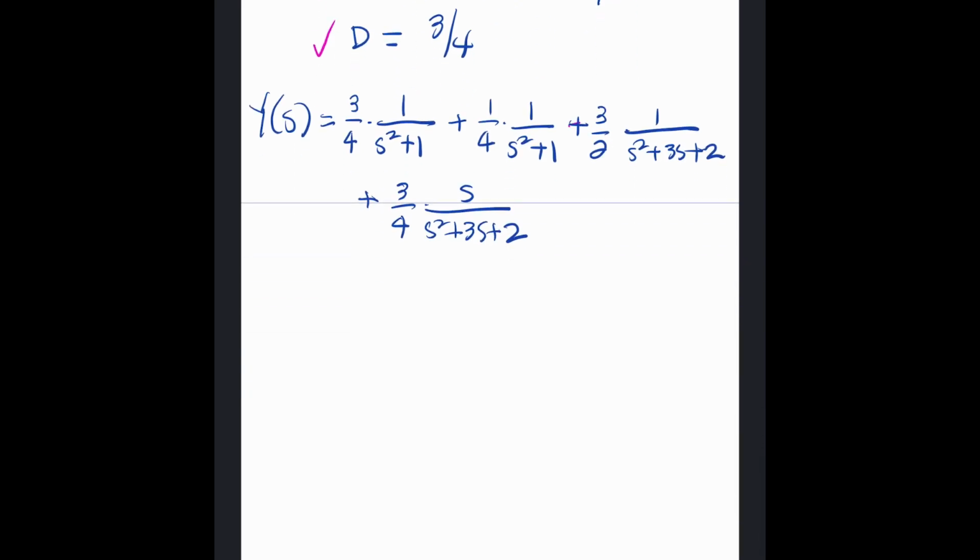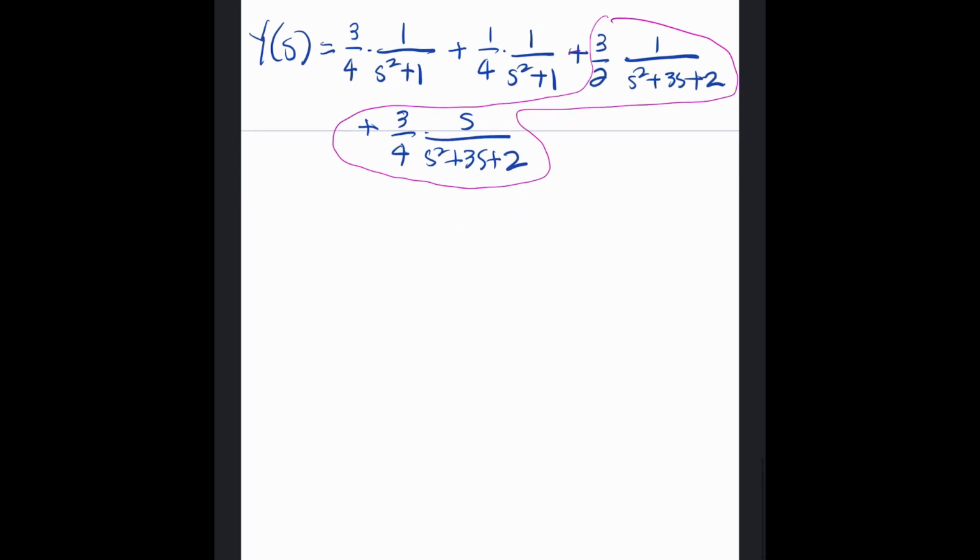So what to do next? Sorry, this is a wrong approach, but we will arrive at the same answer. So here we have to get the additional partial fraction.